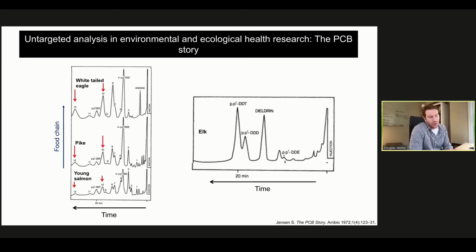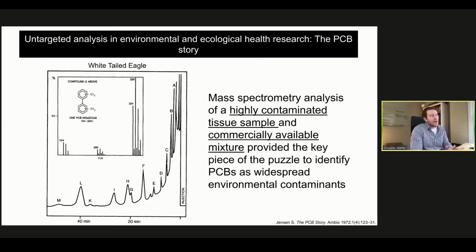These are organochlorine pesticides that are being applied to plants to prevent insect growth. So it makes sense that accumulation would occur in primarily grass-eating species. But again, we do not see accumulation of these unknown peaks within herbivores.